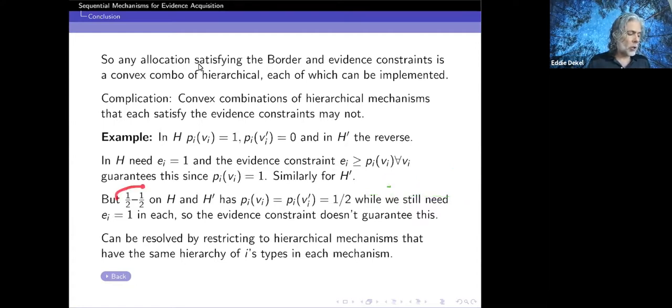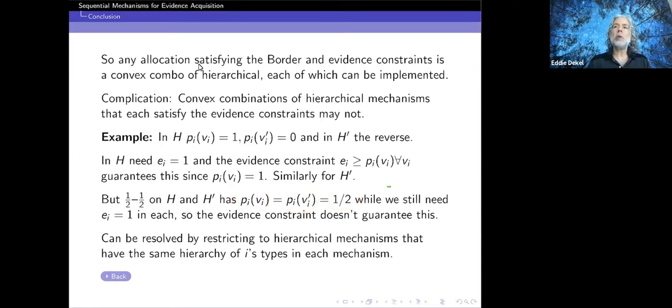But now imagine that you take a 50-50 mix of those two hierarchies. That 50-50 mix has each VI getting the good with probability 1/2. So PI of VI is equal to PI of VI prime is equal to 1/2.